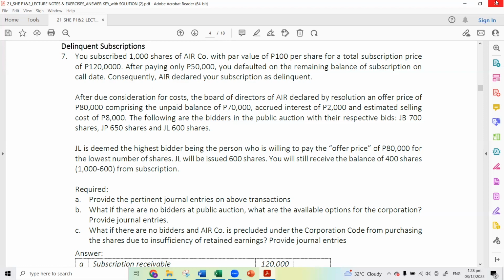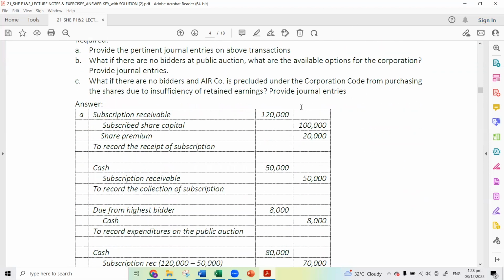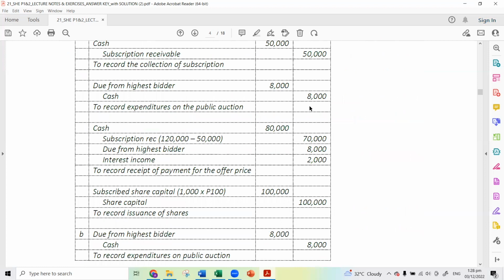Ang offer price includes the unpaid balance on the subscription, the interest accrued on the subscription, and the expenses in the public auction such as advertising and other selling costs.